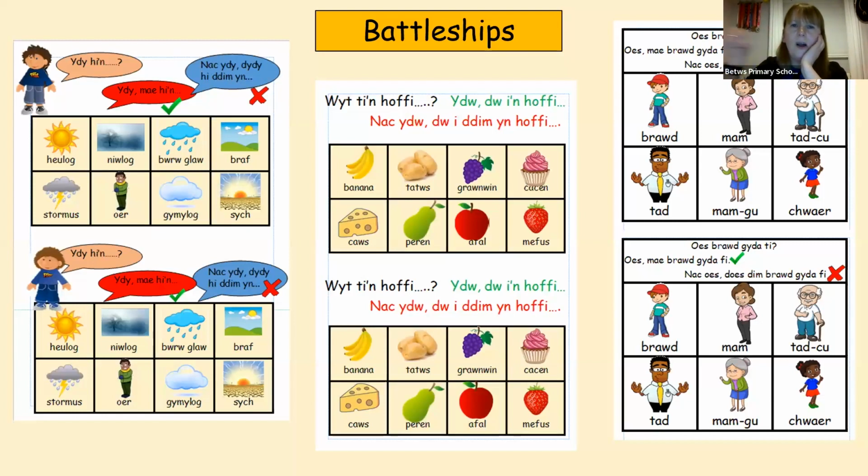Put the counters on whichever food or whatever they want, and they keep asking each other, wyt ti'n hoffi banana? And if they've got a counter, they say, ydw, dwi'n hoffi banana. If they haven't, nac ydw, dwi ddim yn hoffi banana. And they keep asking each other, and the one who gets all the counters wins. And again, they absolutely love that as well.